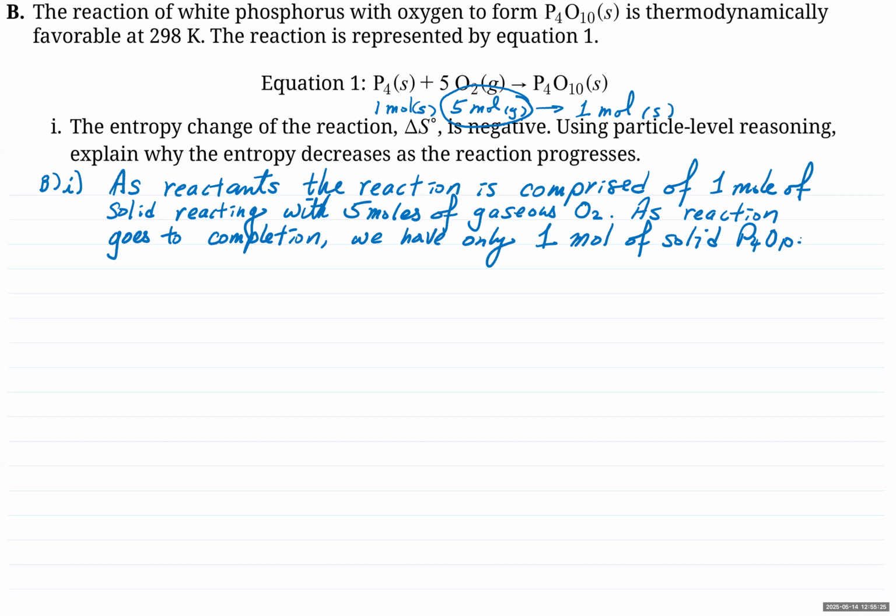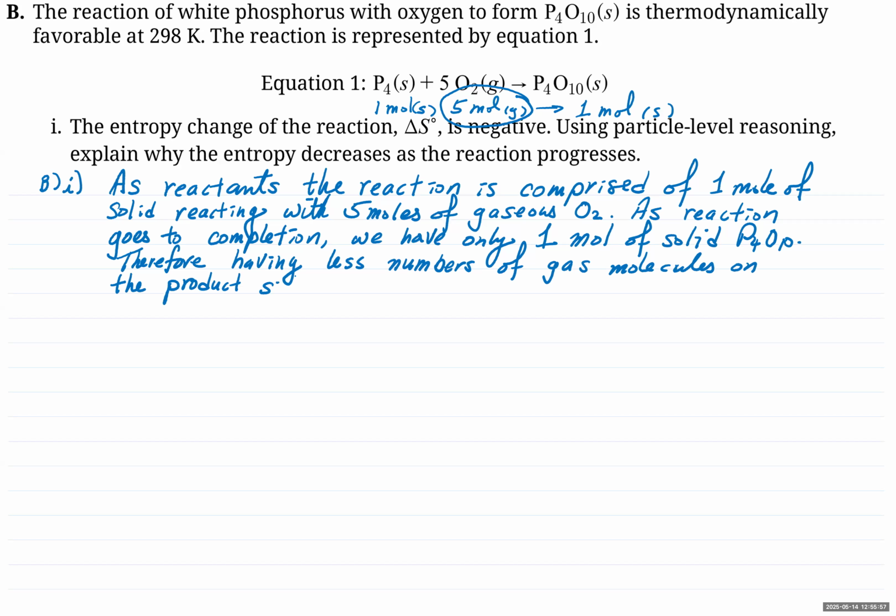So what does that tell you? This tells you that there's a smaller number of gaseous molecules on the product side. So having fewer gas molecules on the product side will result in a lowering of the entropy.